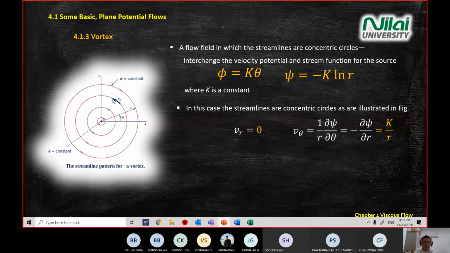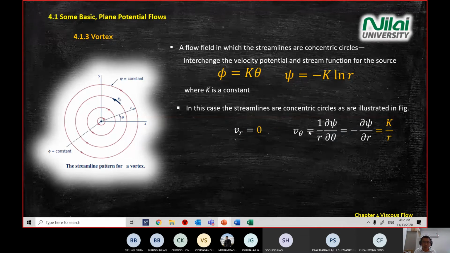If you look at this diagram, there's no velocity in the radial component, no velocity coming out along the r component. So our v sub r equals 0. However, there's something in our theta component.